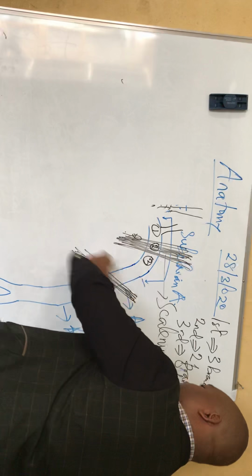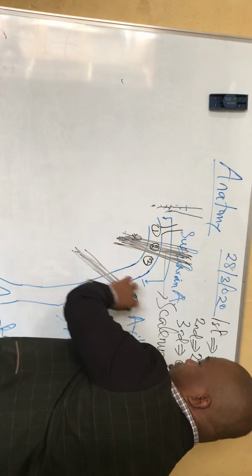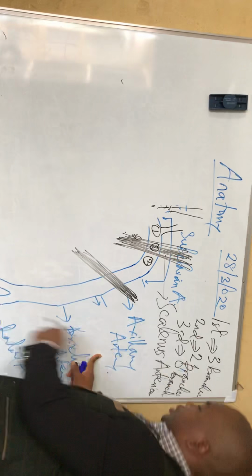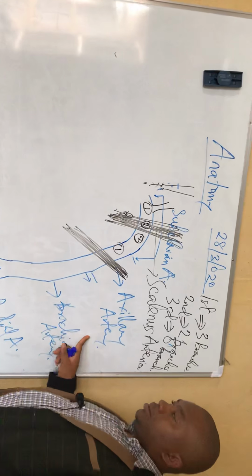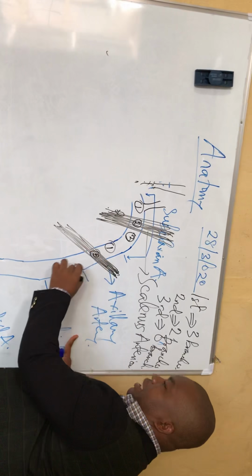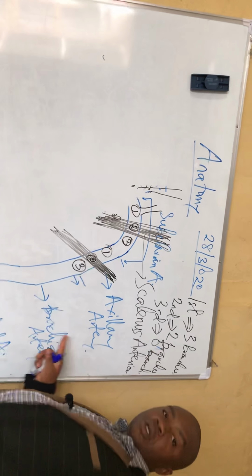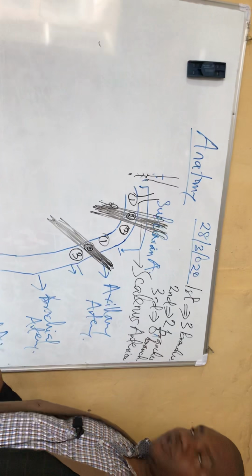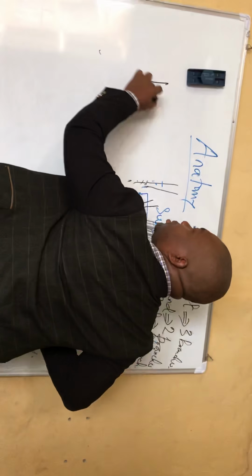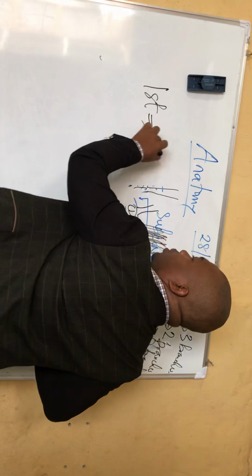That is what caused the 3 parts to come up on the axillary artery. You have part 1, part 2, and the 3rd part of the axillary artery. The first part has 1 branch.